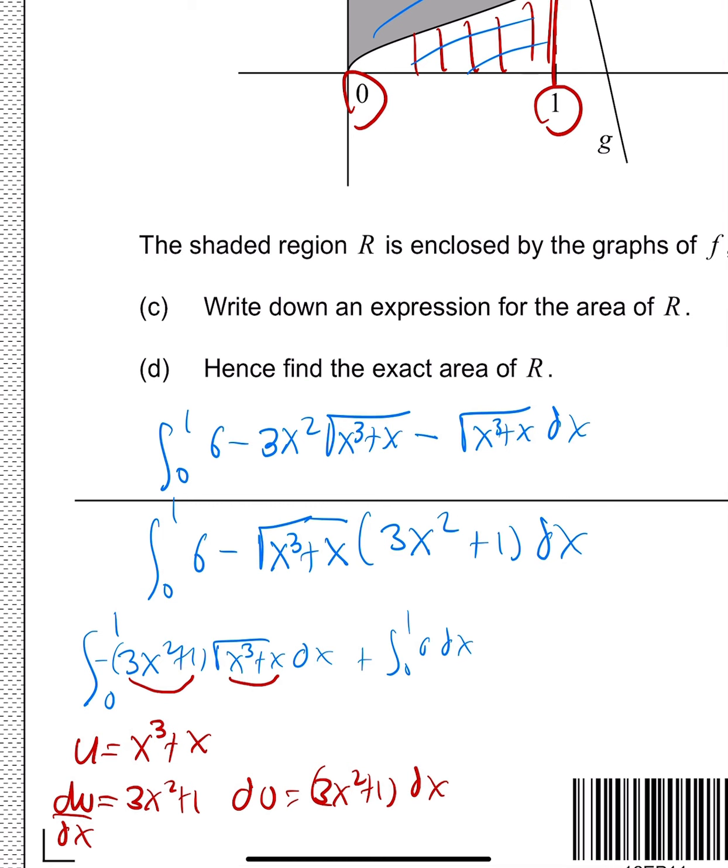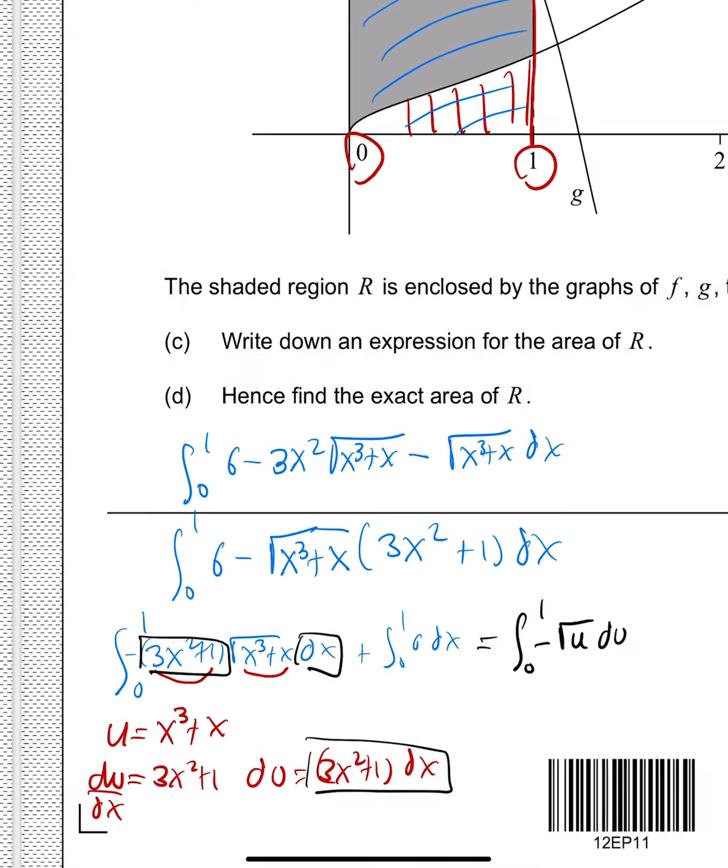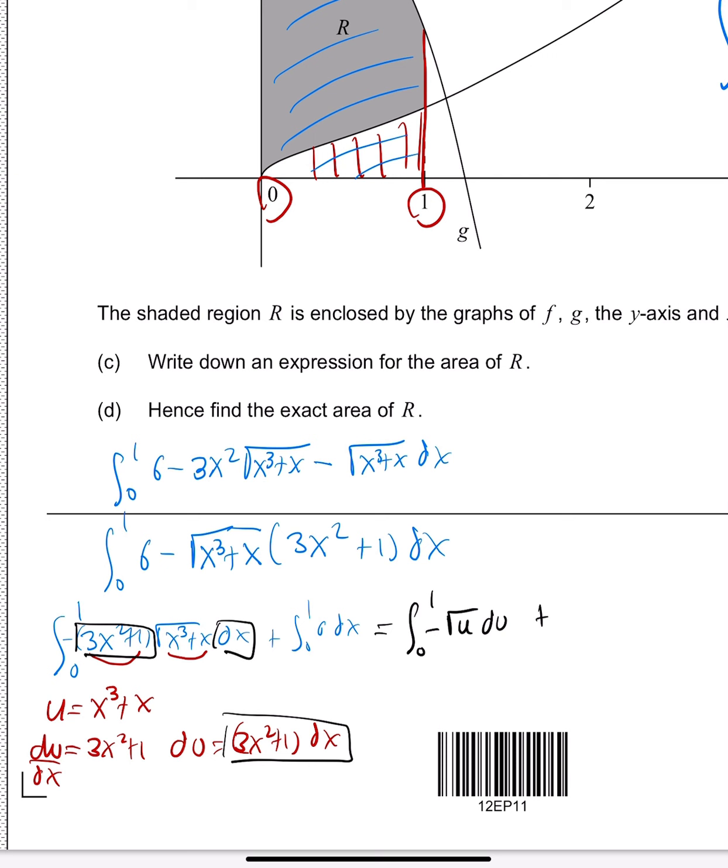Which, if you'll notice, this piece right here is this and this. So I can now rewrite this as 0 to 1 minus root of u du plus 0 to 1 of 6 dx.